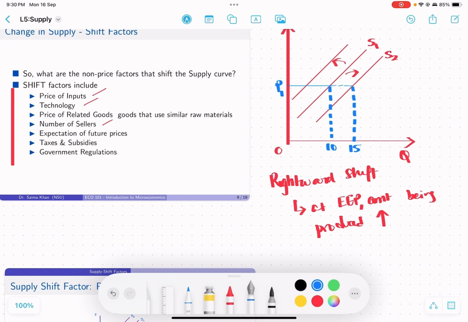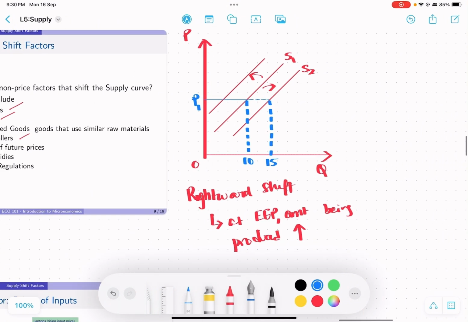On the other hand, if we talk about a leftward shift, let's talk about S3. In this case, the reverse happens. Let's say the firm was producing 10 units. A leftward shift means that the firm is now able to produce less.